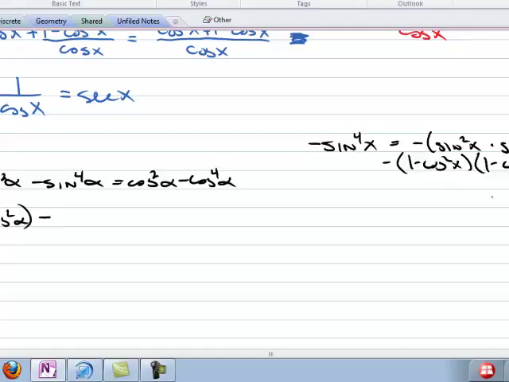No, it wouldn't be, because it would be 1 minus 2 cosine squared plus cosine to the fourth. We did that. But do you want to change them all like that?